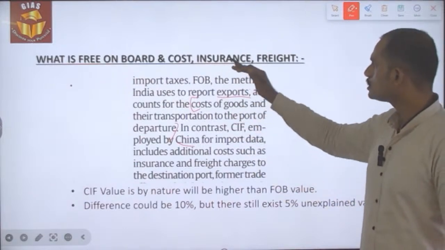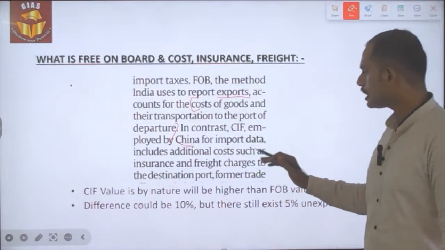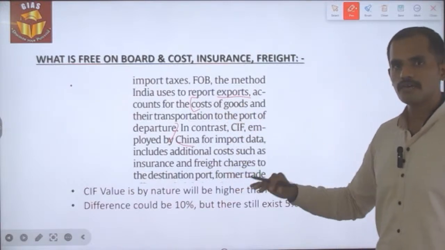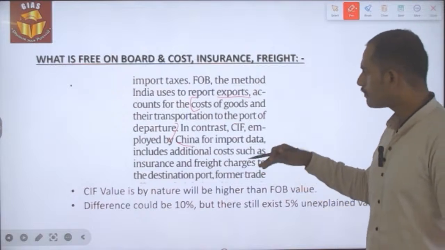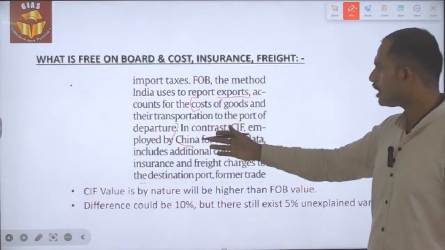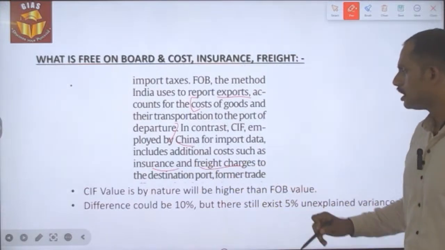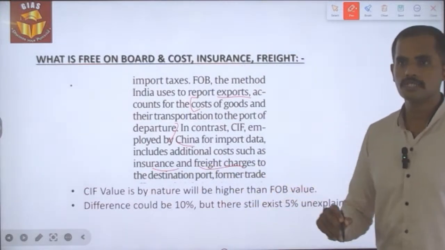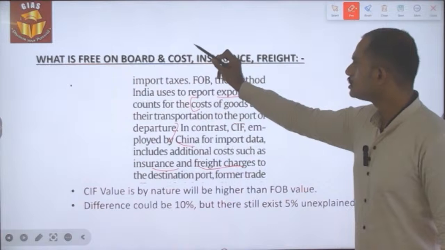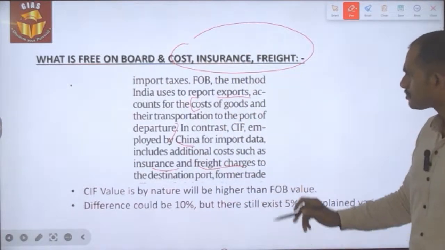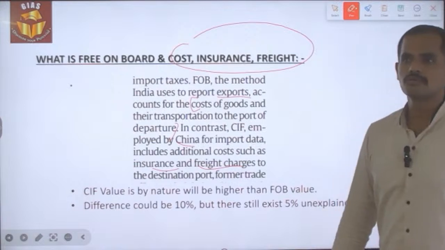But in the case of the cost insurance and freight method, the data is calculated along with the cost of goods and the transportation to the port of departure. Along with these, the additional costs such as insurance and freight charges to the destination port will also be counted. So naturally, cost insurance freight will always be greater than free on board.